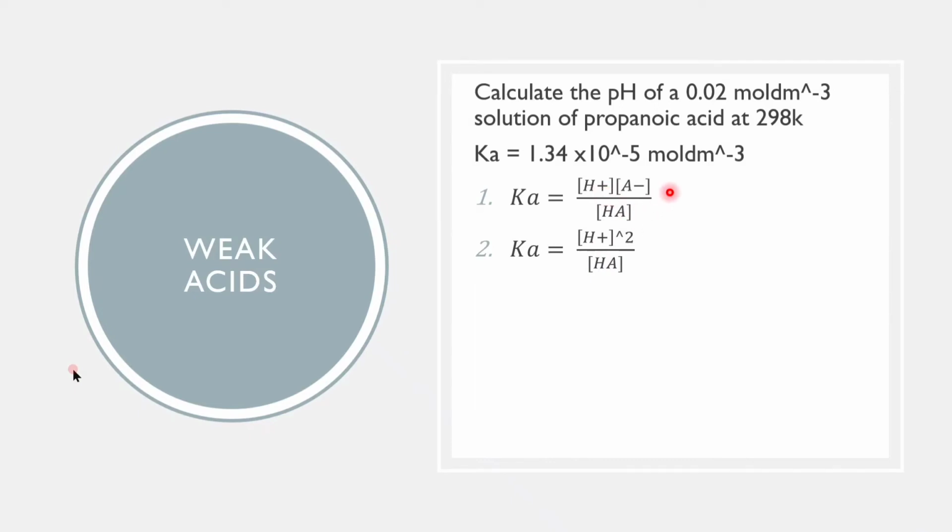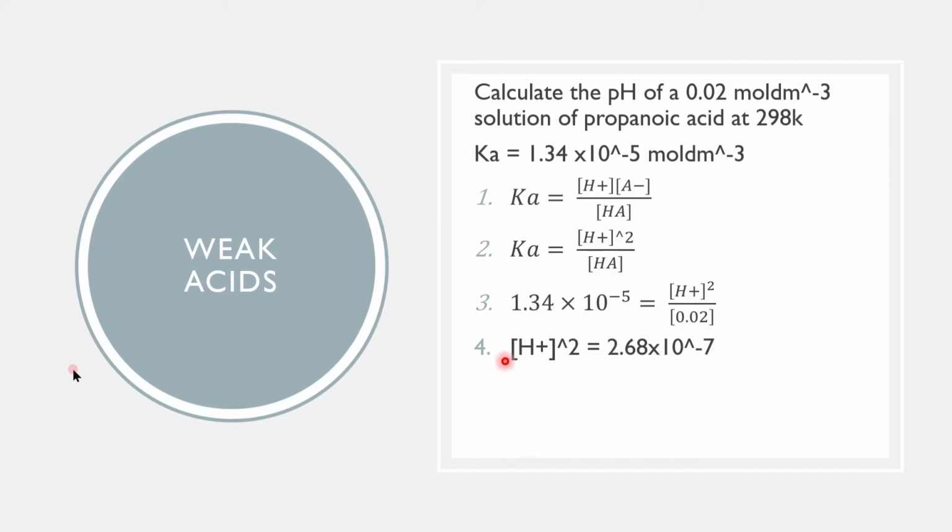So using our assumption from the previous slide, we can say that the equation is simplified to this, with H+ squared on the top. And we can input the values from the question, so our Ka value goes in there, and our concentration of our weak acid, as said in the question, is 0.02, so that can go at the bottom there. And then we want to rearrange, so we can multiply both sides by our 0.02 to get what the H+ concentration squared equals, which is this number here.